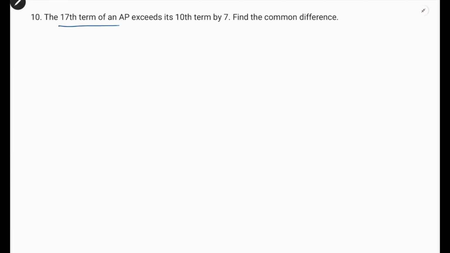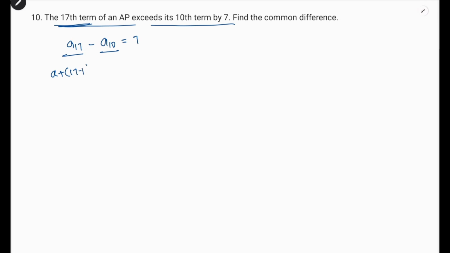10th one, if the 17th term of an AP exceeds its 10th term by 7. So the 17th term a17 exceeds, that means the 17th term is bigger, exceeds its 10th term a10 by 7. From these two terms we will write the equation. Here n is 17, a plus 17 minus 1 into d, minus a plus 10 minus 1 into d is equal to 7.